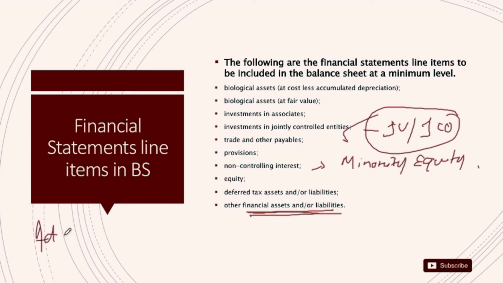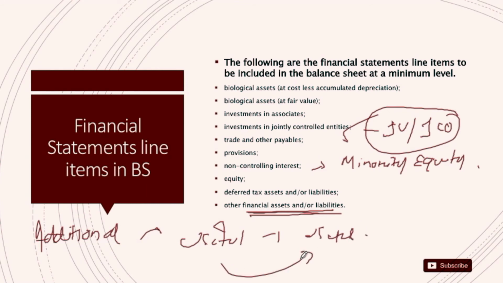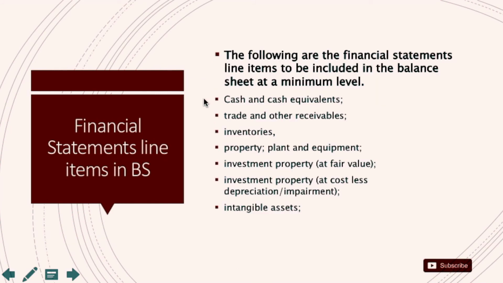They allow additional line items if it is useful for the users of the financial statements, to help them in better decision making. So additional line items are allowed, but these are the minimum items required in the statement of financial position.